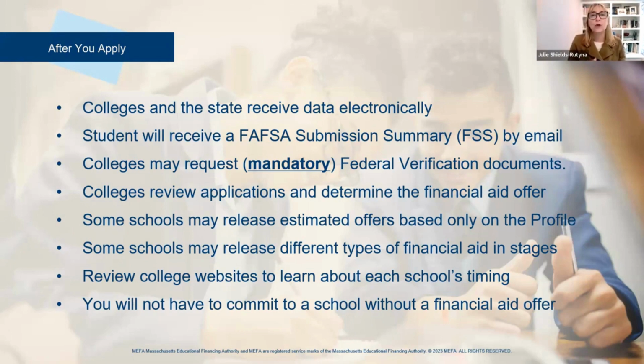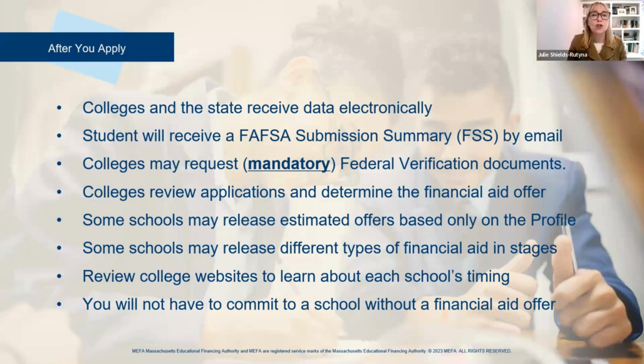Know that this year, with the odd timing of the FAFSA not being available until December, if a student applies to one of the early application programs like early decision or early action, some schools may release some estimated awards ahead of time. And some may hold off and wait until the FAFSA is in.